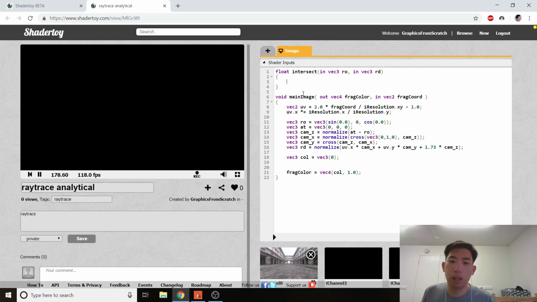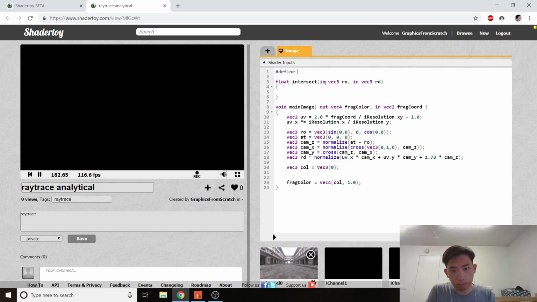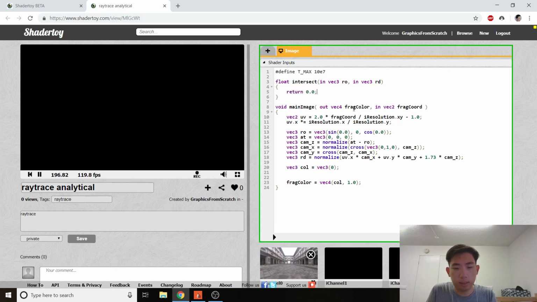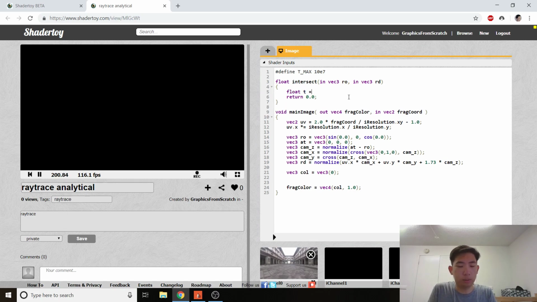What if our ray does not intersect with anything? We can define a t max term that's really far away, and assign t max to the initial t.